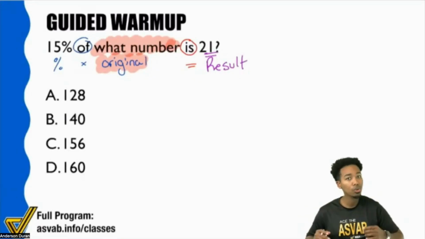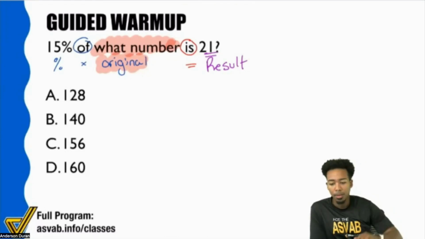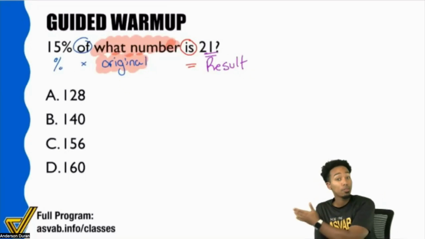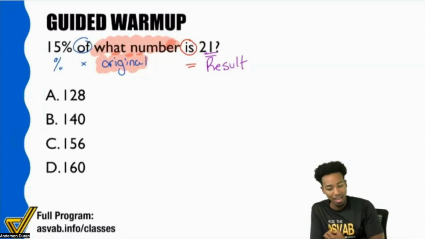What did I tell you earlier? If we're working backwards in a percent problem, are you going to be multiplying or dividing to get that final answer? Right, we're going to work backwards. We're going to divide to get that original number. We got to work backwards because we got to get rid of the percent on the original number, and that's going to cause us to divide.